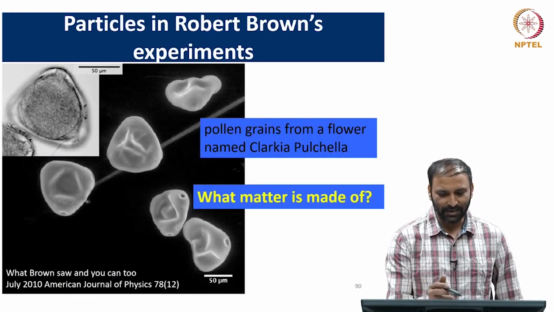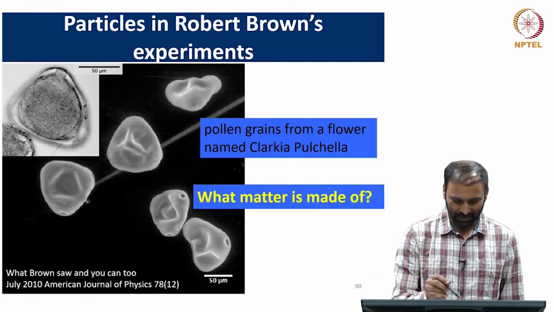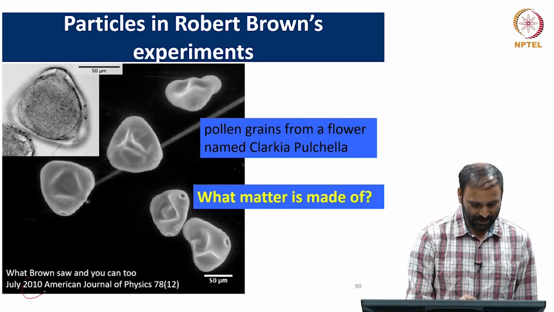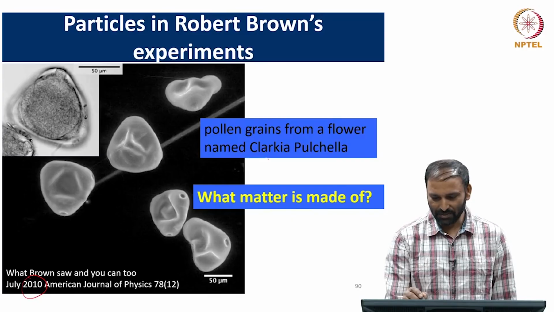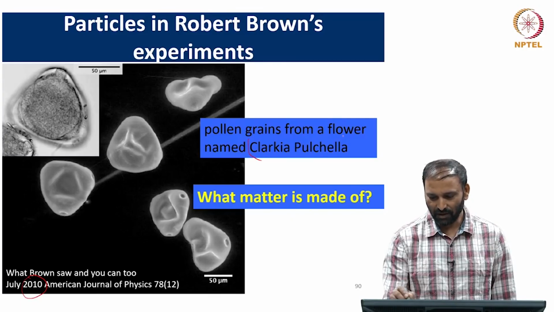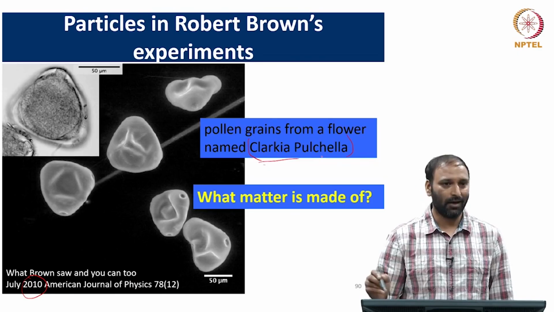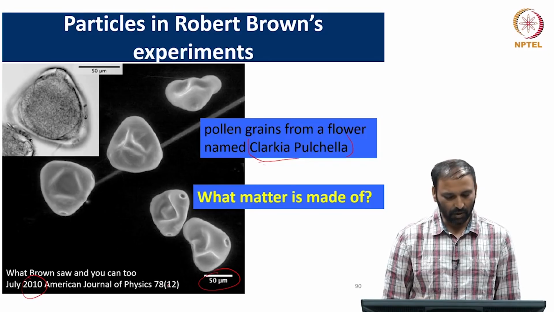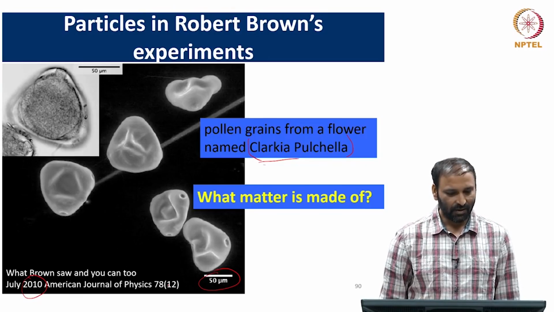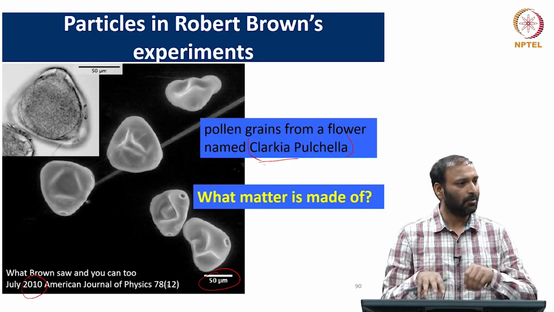These are the kind of particles that were used in Brown's experiment. This is more recent work from 2010. These are pollen grains from a flower called Clarkia pulchella. Look at the scale bar, 50 micron, large enough, but he still saw that they were constantly moving around.